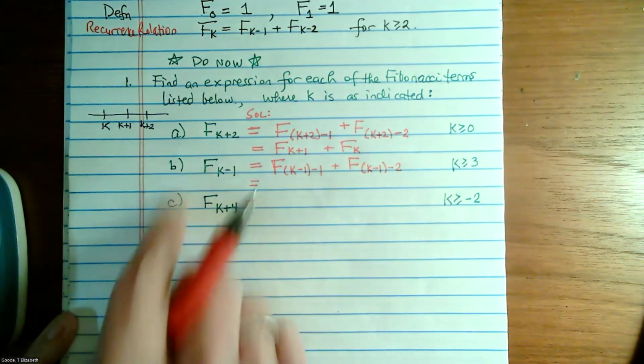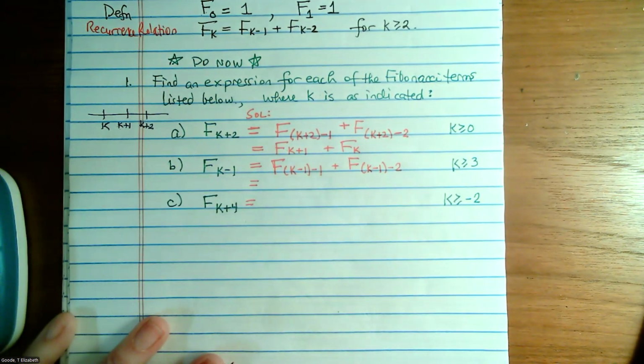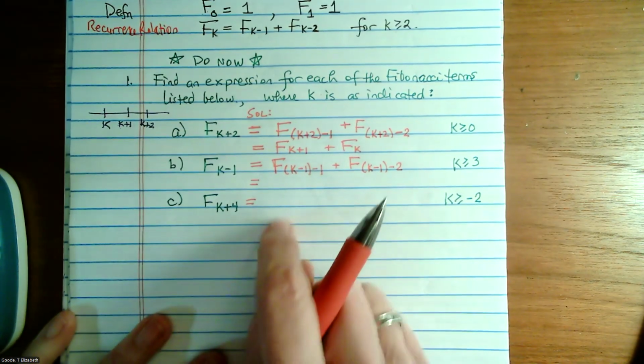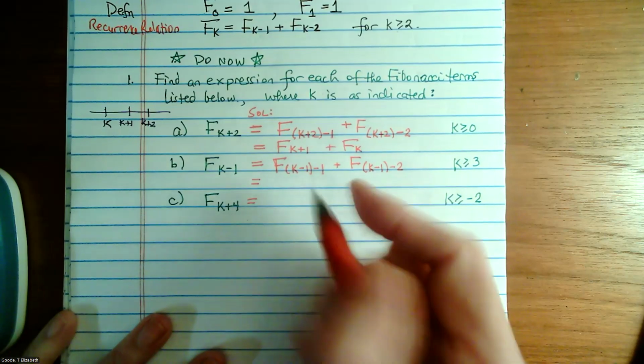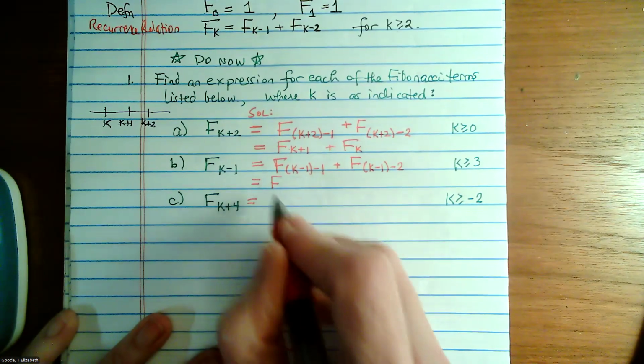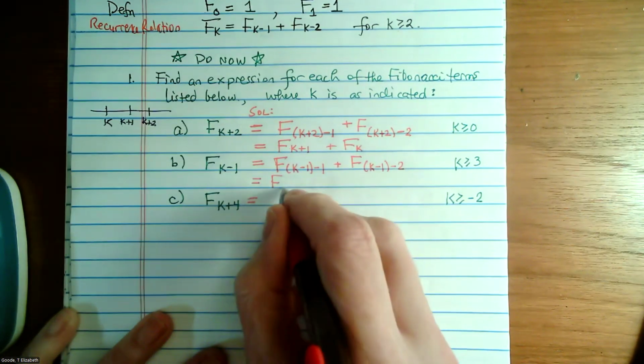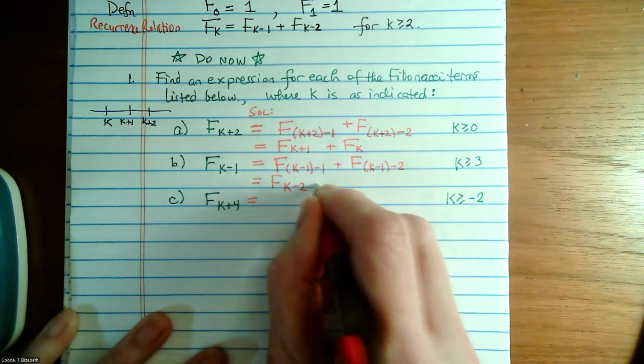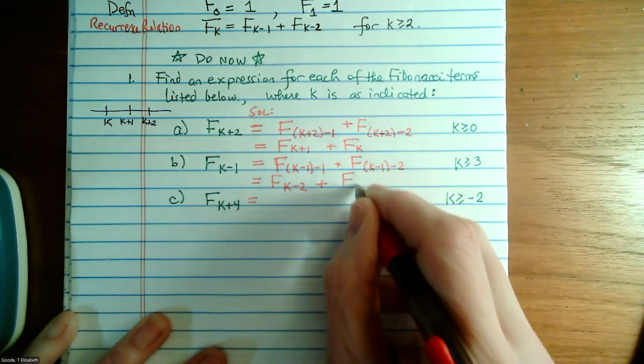What are you getting for B? F of K minus 2 plus F of K minus 3. Yeah, F sub K minus 2 plus F sub K minus 3.